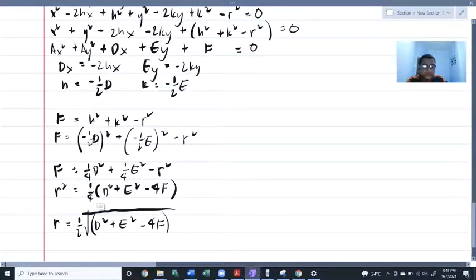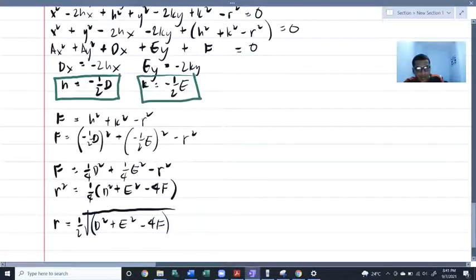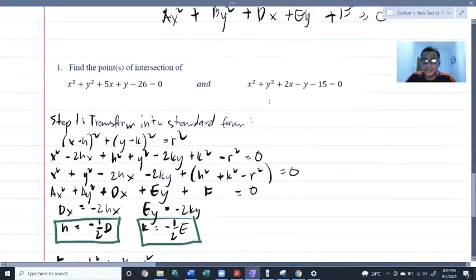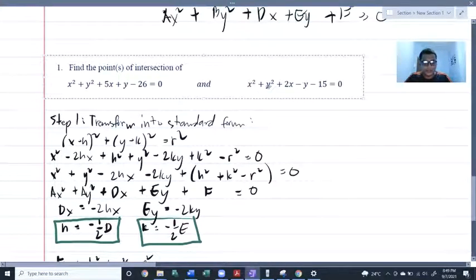So class, now that we have derived the formulas to solve for the center and radius, we can now use them to determine the standard form of the given circles. All right.